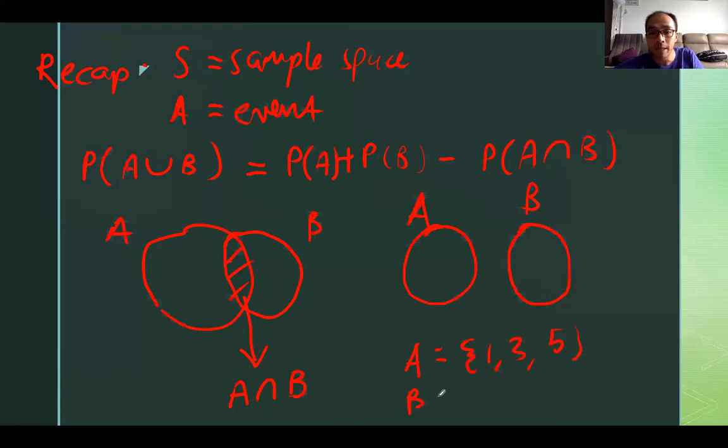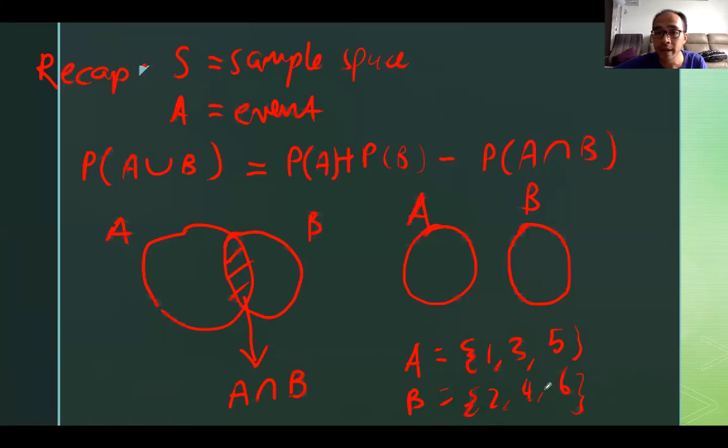And B is getting an even number, which is 2, 4, and 6. Now notice that in these two events there is no overlap in the outcomes.